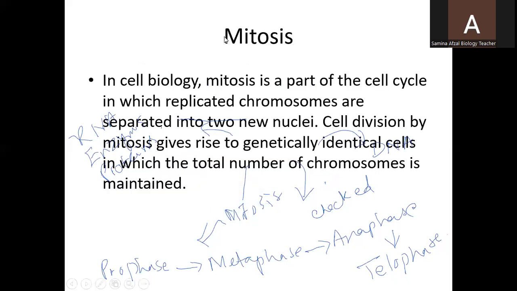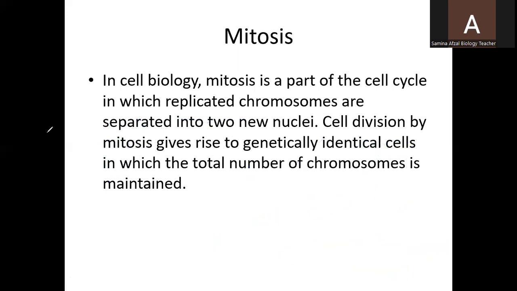And mitosis is a type of cell division which takes place in all somatic cells except gamete cells. During this cell division, the chromosome number is maintained. That is 46 chromosomes, which is the chromosome number of human beings. So it is maintained in every cell of the body except the gametes.